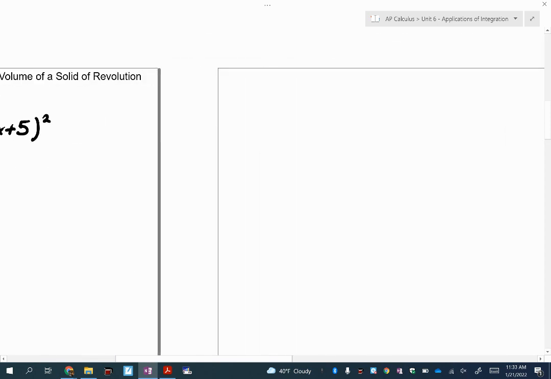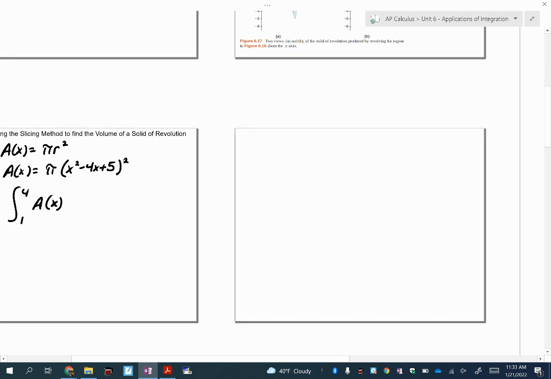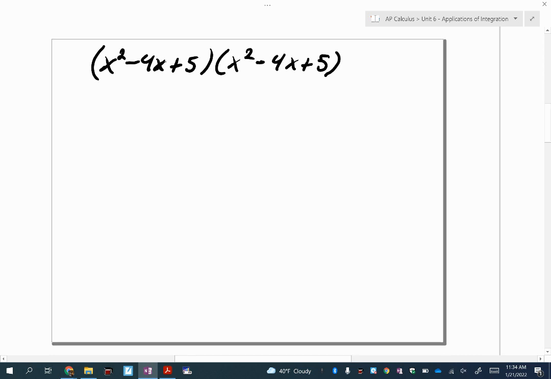But now I'm going to do a little side work here and do x squared minus 4x plus 5, and I'm going to do it twice. It's going to be x to the 4th power. Then I have minus 4x cubed plus 5x squared.